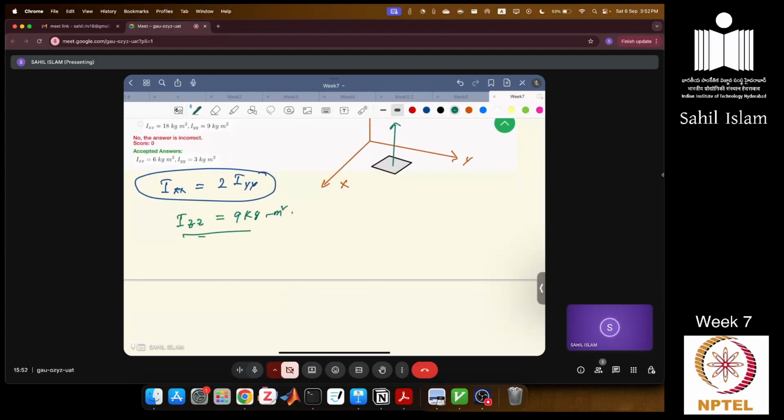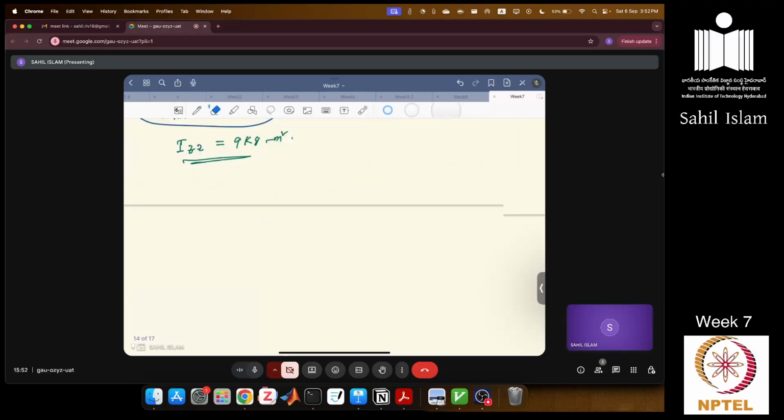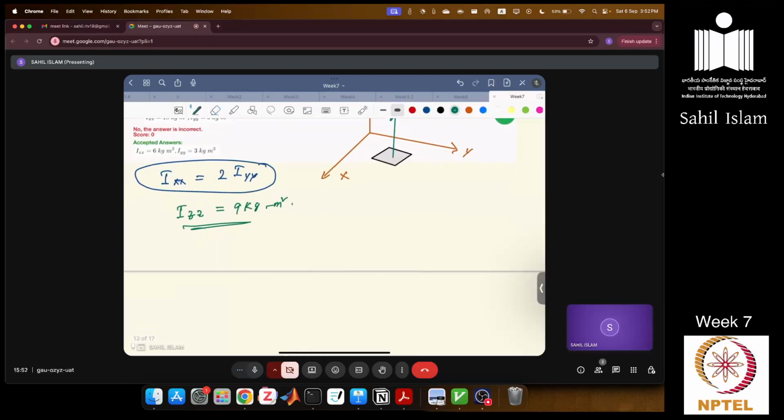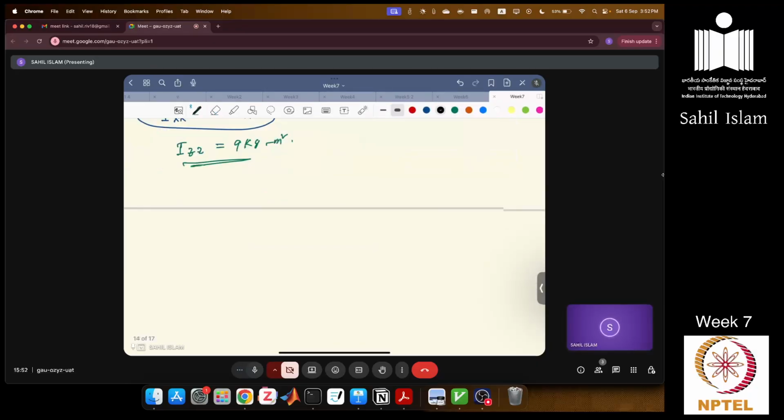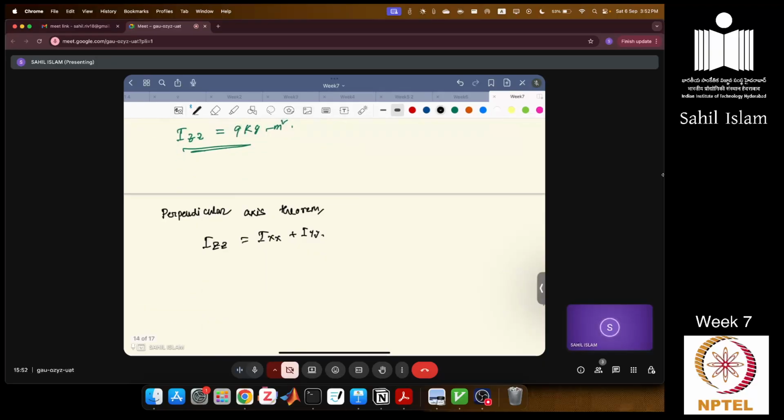So from the perpendicular axis theorem, Izz equals Ixx plus Iyy. We already know Ixx equals 2Iyy.